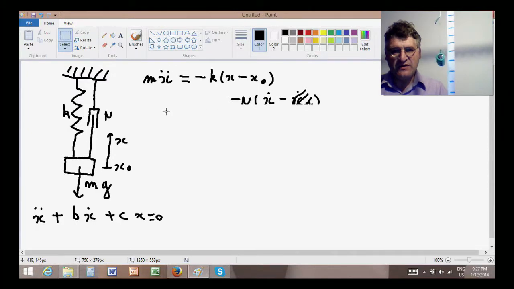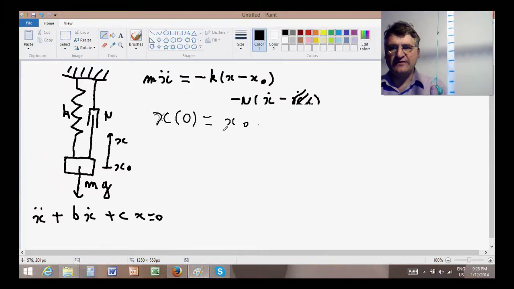I can solve this equation by assuming the initial position is a certain initial position. So I will say x of 0 is equal to x0, and since I'm interested in doing some experiments, I will assume that the initial speed is 0.